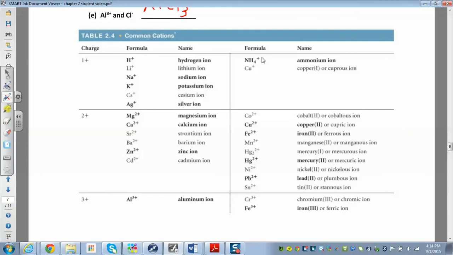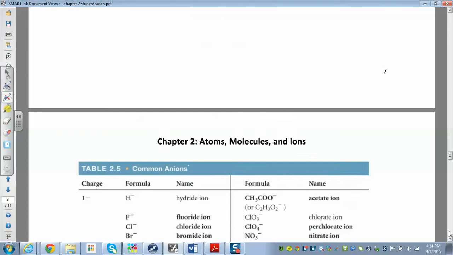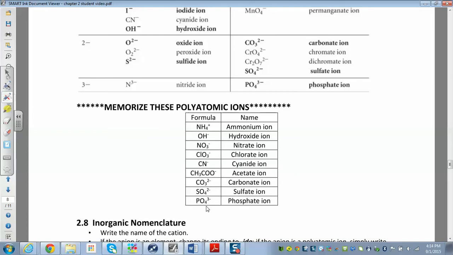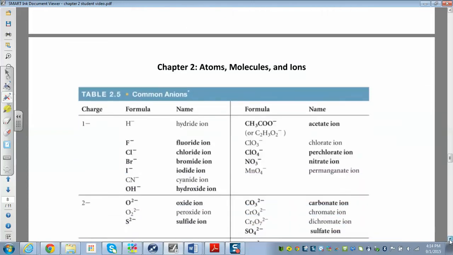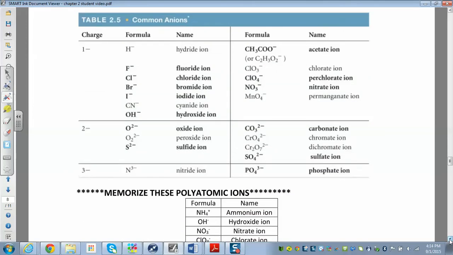We only have 1 polyatomic cation that we have to know. Right there, there's a polyatomic cation. It's NH4+. That's called the ammonium ion. All right, I gave you a little list down here of the polyatomic ions that you should memorize. Those are cations. Anions, so our anions, remember, those are going to be our non-metals. So remember, we had +1, +2, +1, 2, 3, and then working backwards, skip the noble gases, and then we have -1, -2, -3.